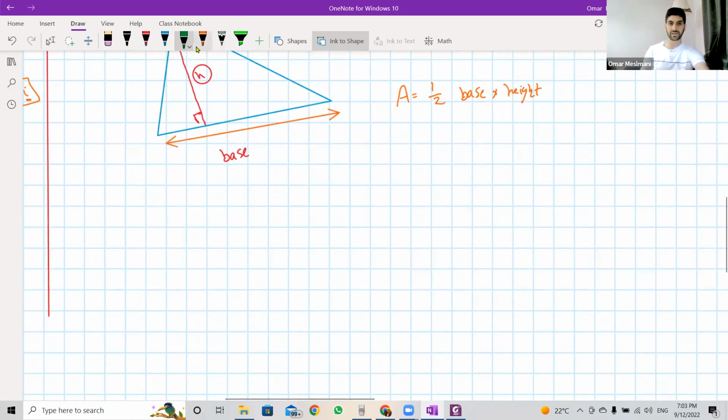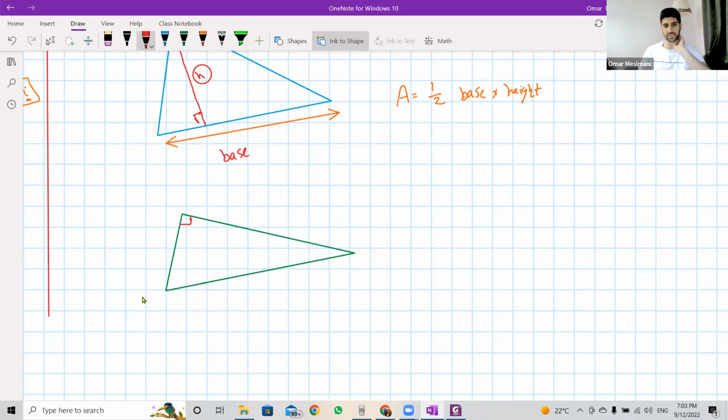What if I have a right angle triangle? Do you see this right angle triangle? Let's say that this angle is O M G. What is the area of the right angle triangle?